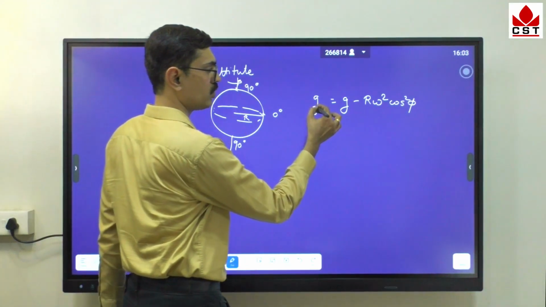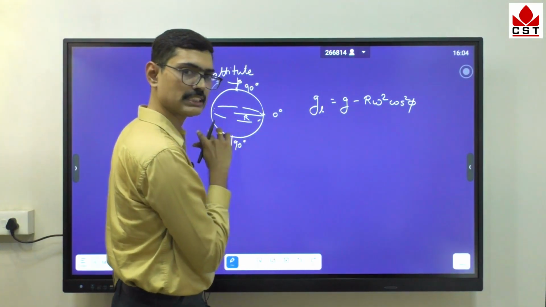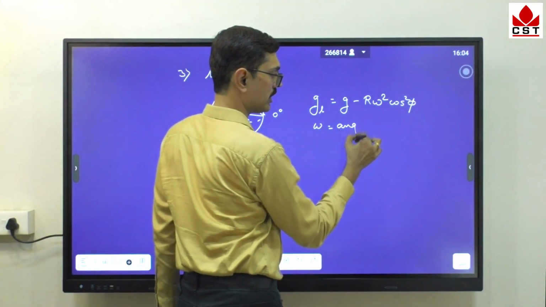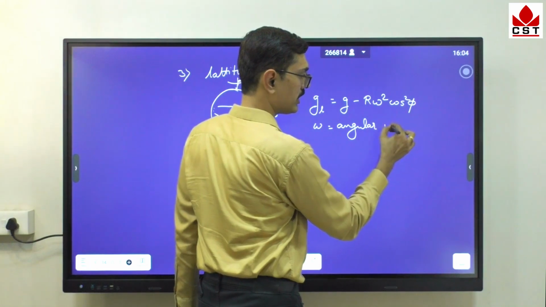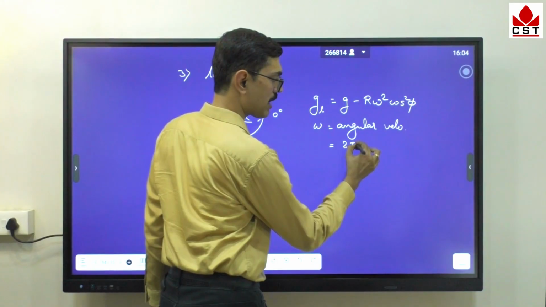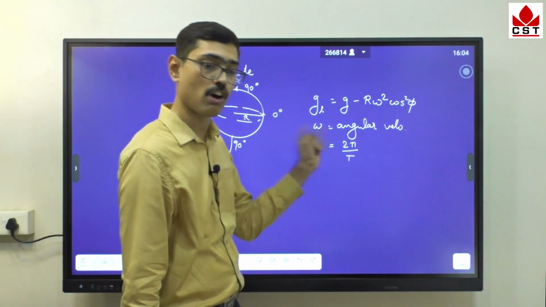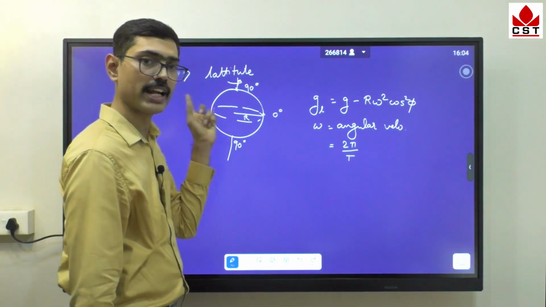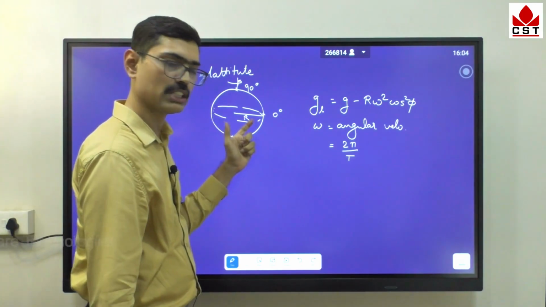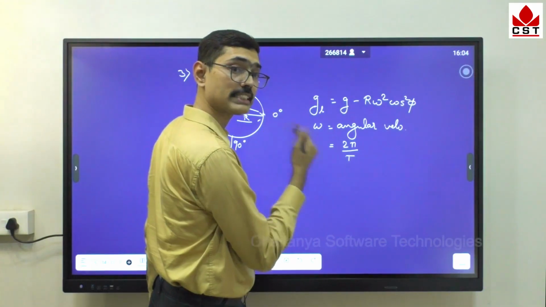So we should know all the different parameters from this formula. R we know, this is the radius of earth. Omega is the angular velocity. So what is angular velocity? Angular velocity has the main formula 2 pi by capital T. What is capital T? Capital T is the time period of earth, meaning the time required to rotate one circle around the axis, which is obviously 24 hours, and we have to convert that 24 hours into seconds.